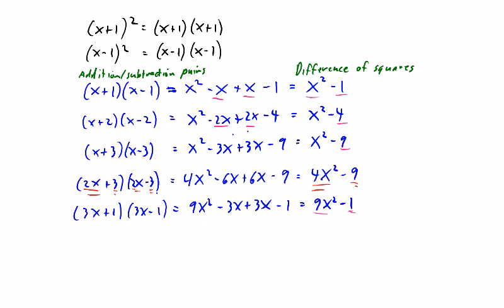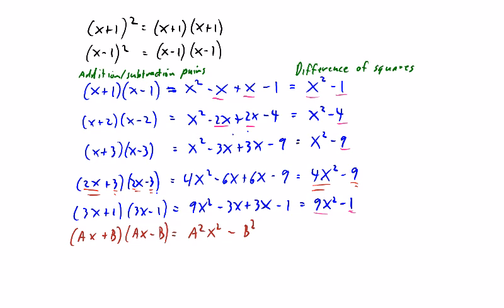So we can generalize this and write all of these in the form ax plus b times ax minus b. If we ended up doing that, we could say that we will always get a squared times x squared. The middle terms will cancel, and we'll be left with minus b squared.